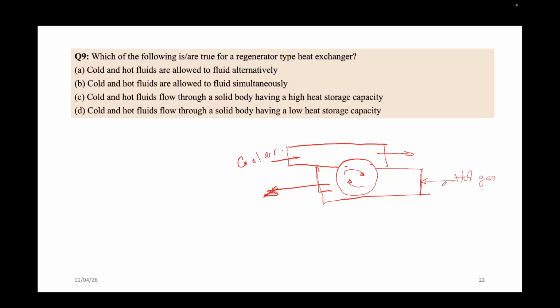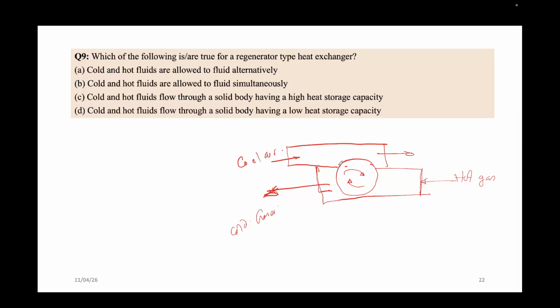In return, the temperature of the hot gas will reduce and these gases will become comparatively cold, right or wrong? Similarly, in this way, I am just flowing this cold air, right?